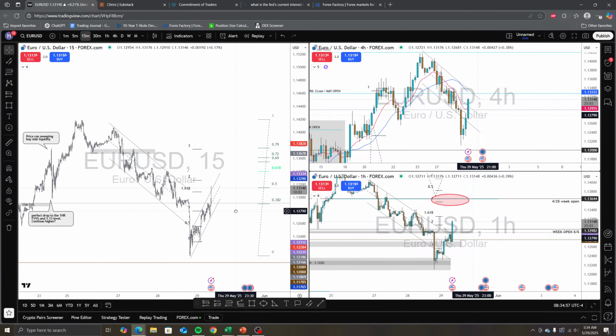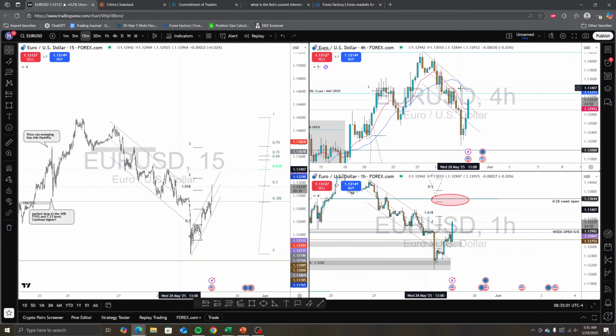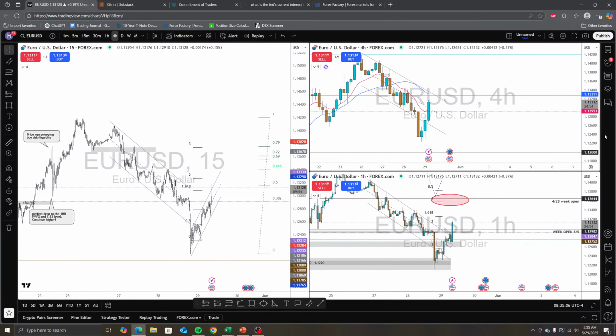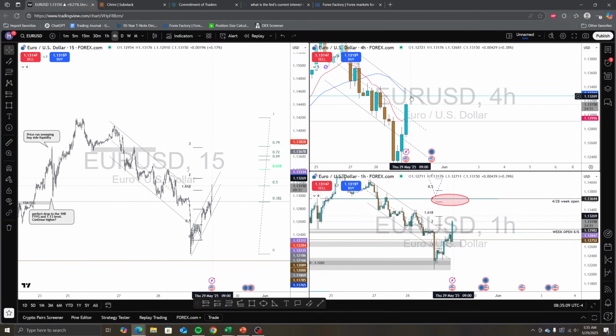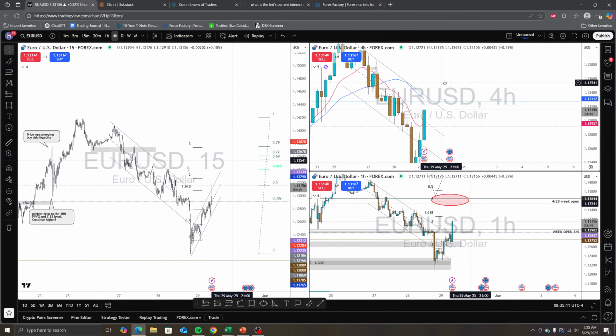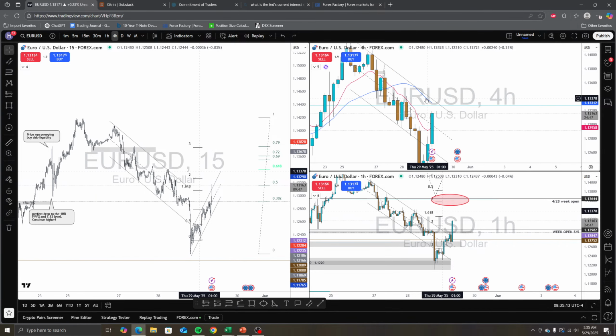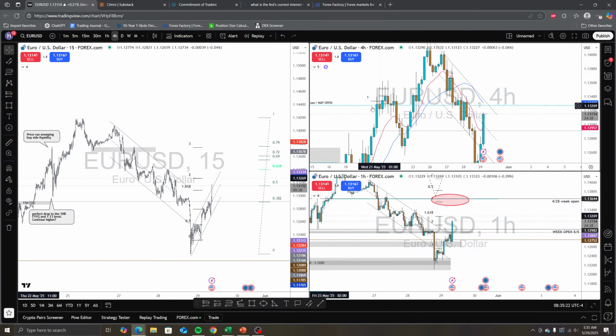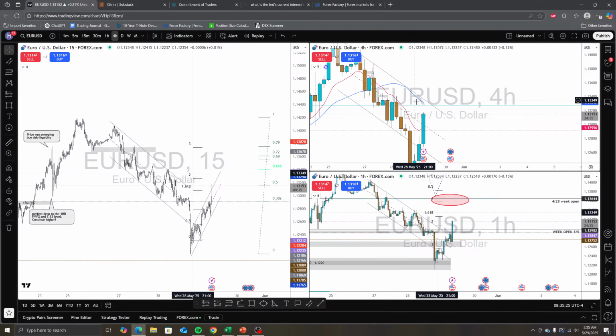But I want to see price touch this upper channel, and which one is this, the 10 or the 20? The 20 SMA. So I want to see price touch the 20 SMA, top of the channel, and maybe month open. So right here is strong, around the 2. I want to see something right here.